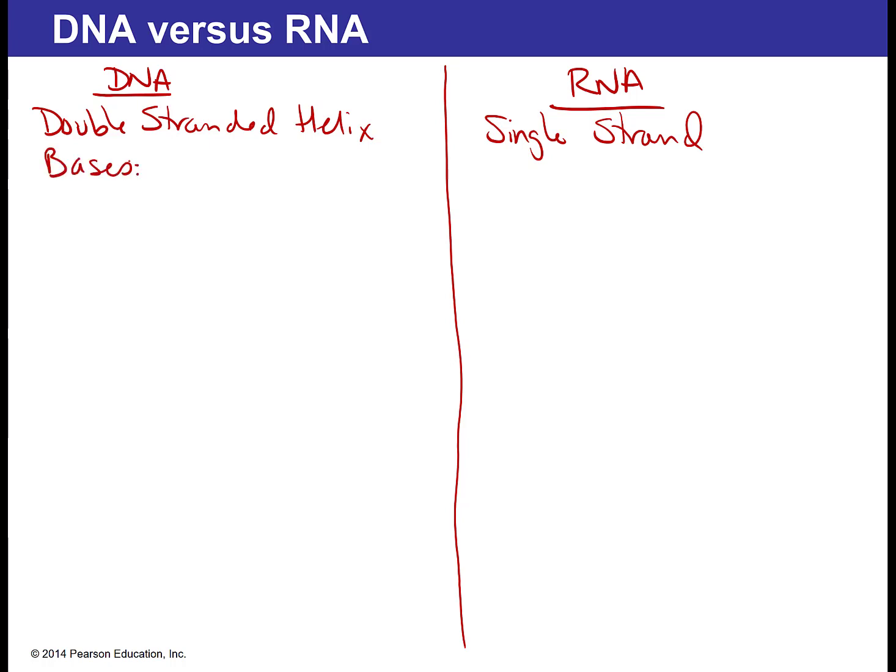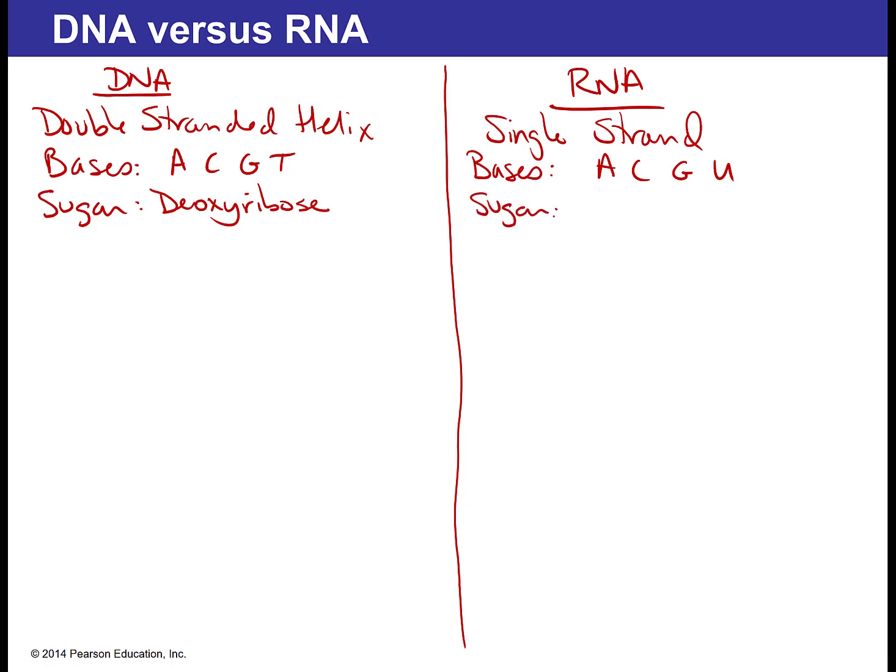So its bases are A, C, G, and T. RNA, though, its bases are A, C, G, and U. DNA sugar is deoxyribose. The sugar on RNA is ribose. They're linked together the same, sugar phosphate with the base hanging off of the sugar. It's just the DNA has those two strands that run in opposite directions. RNA is just a single strand.